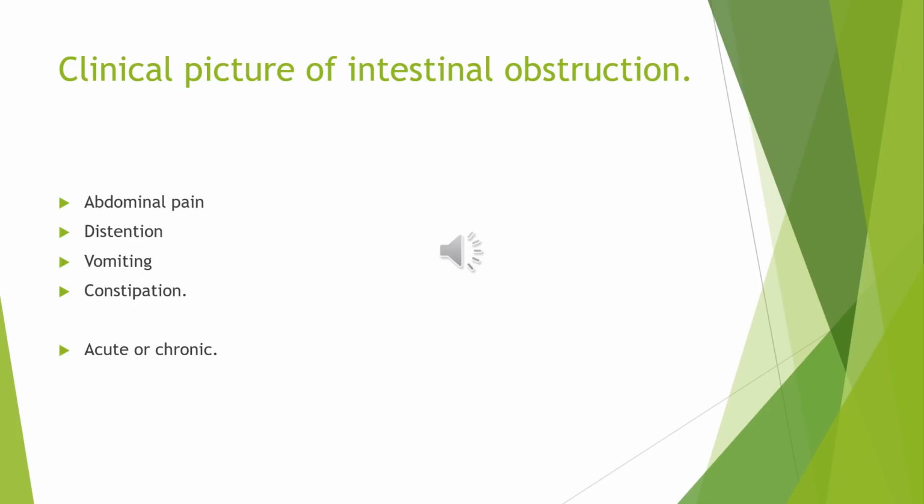And intestinal obstruction can present as an acute problem of sudden onset, like in the cases of intussusception or volvulus or infarction, but it also can present as a chronic, long-standing problem, like in the cases of Hirschsprung disease or in the cases of tumors.